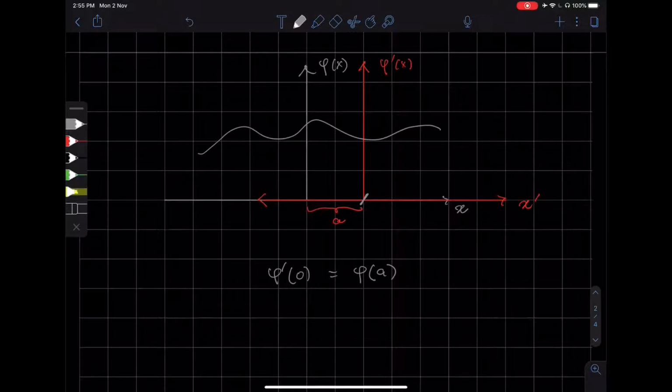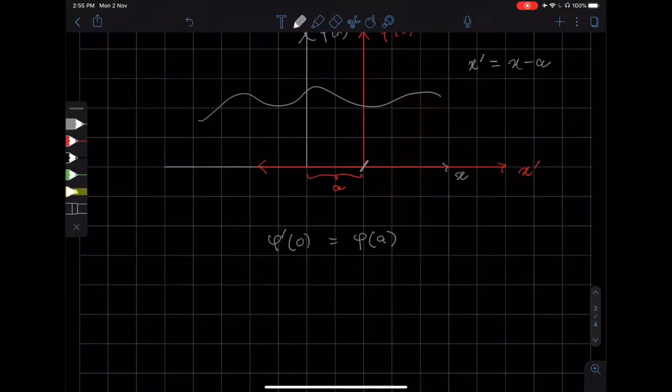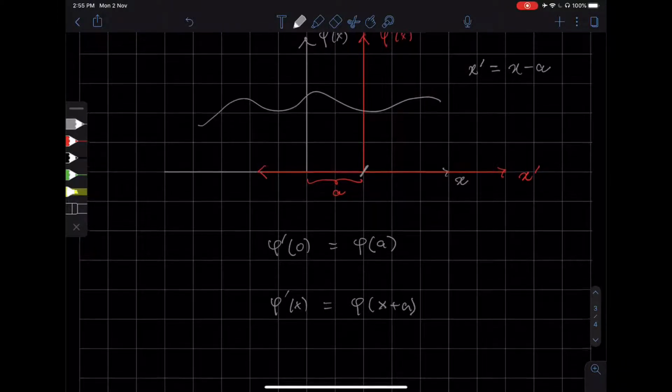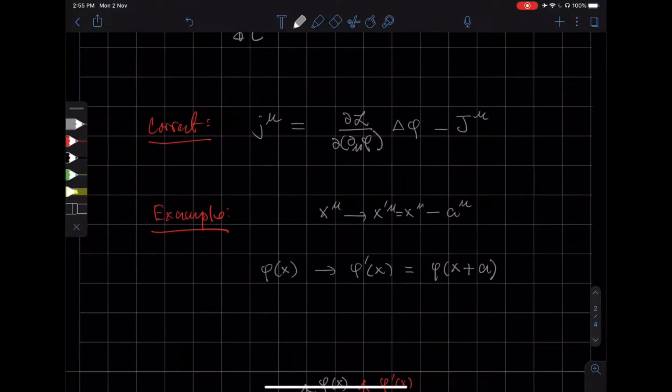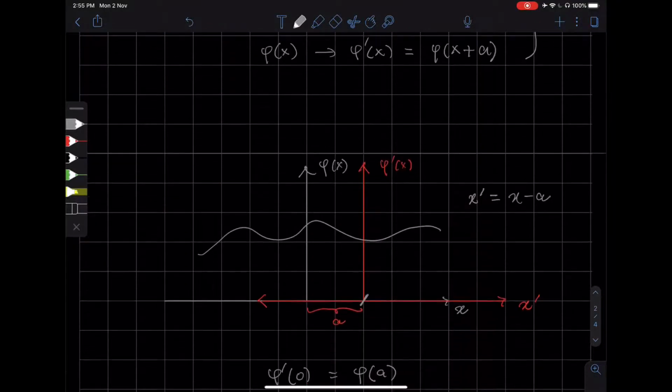Now, if I work out the relationship between x and x prime, you can see that x prime is equal to x minus a. Therefore, for any arbitrary value, phi prime of x is equal to phi at x plus a. So we see that this relationship is the correct relationship.